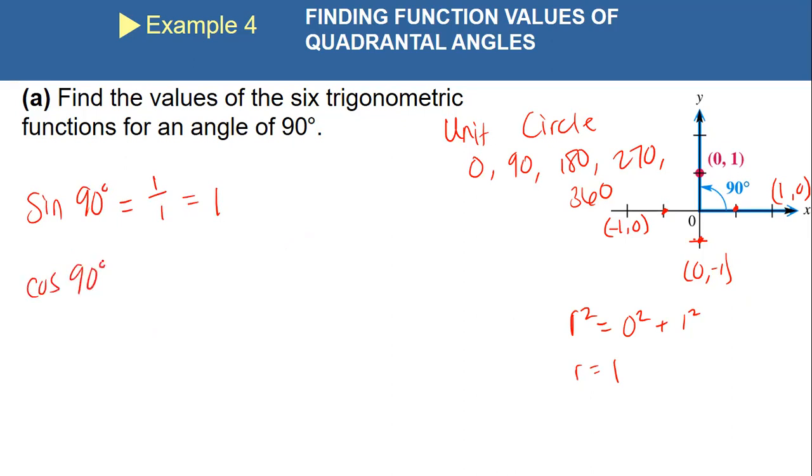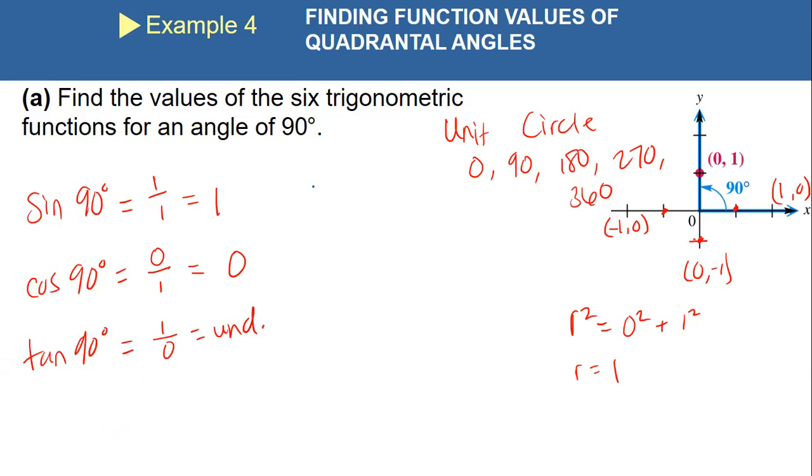Cosine of 90 degrees equals X over R, which is 0 over 1, which equals 0. Tan of 90 degrees equals Y over X, which is just 1 over 0. And what does that mean? Undefined.